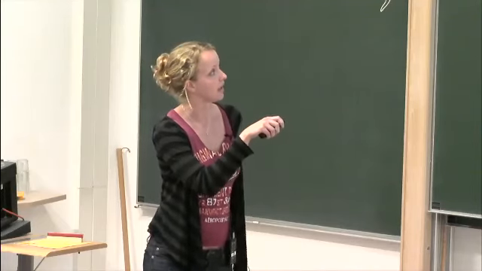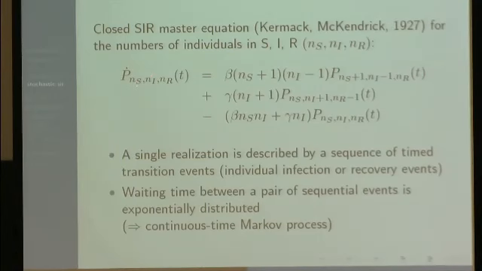So the probability of a certain state of susceptible, infected and recovered individuals either increases through an infection where beta is the infection rate, or decreases in the number of susceptibles. It's not a very pretty equation to explain, I guess. However, this whole term stands for the infection. This one is recovery, and here you've got also the likelihood that nothing happens in one time step.